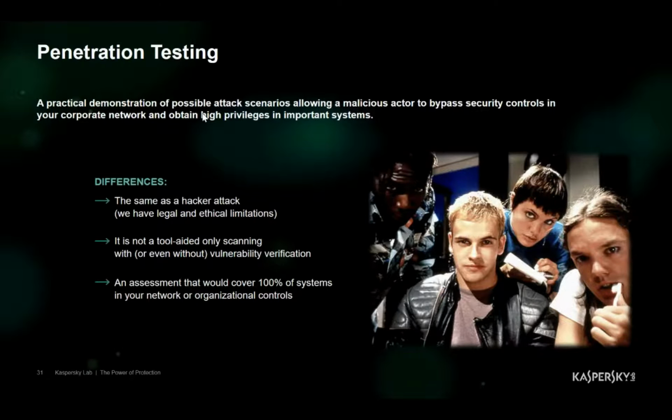We will collect this information, share it with the customer, and tell them, hey, Mr. Customer, cyber criminals can compromise your organization using this vulnerability on the network level or on this router level or whatever.